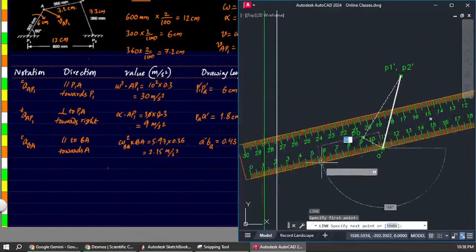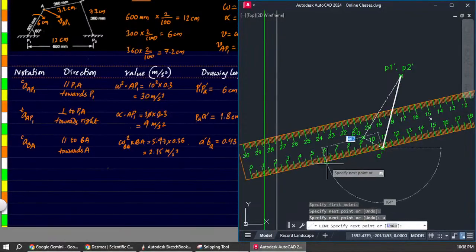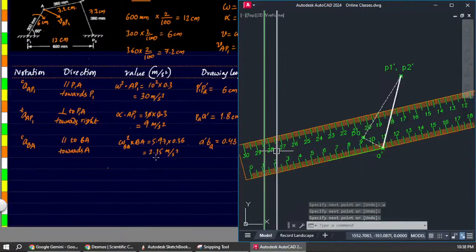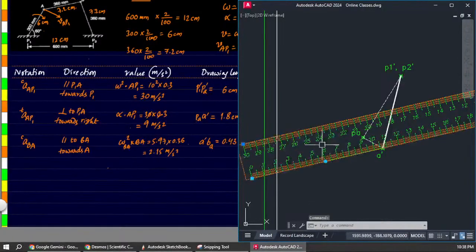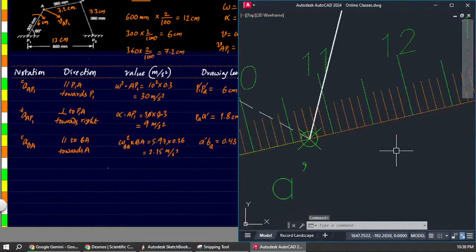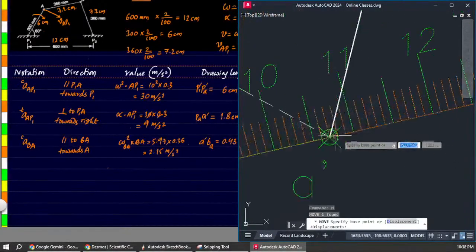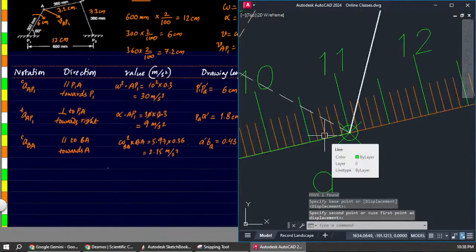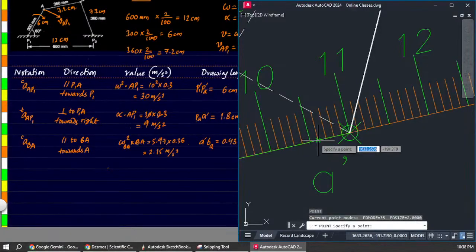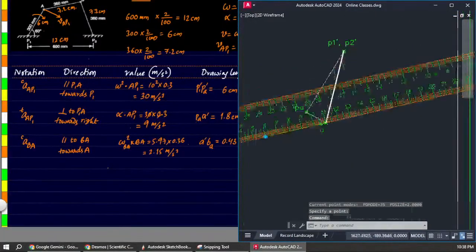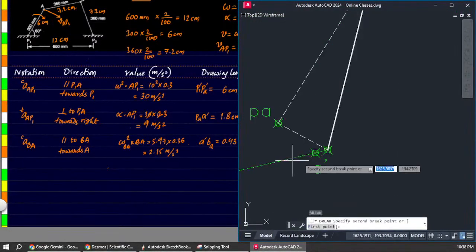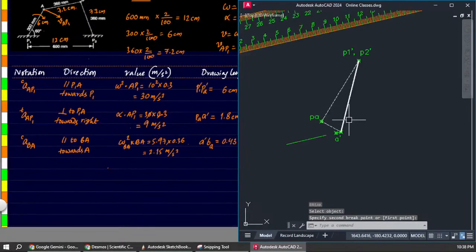The length should be 0.4 centimeters. It is a very small length. So let us leave it at that.